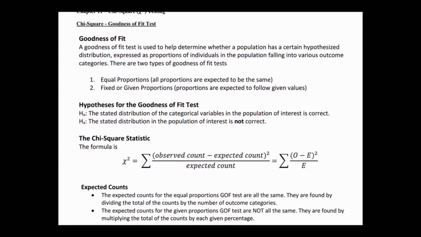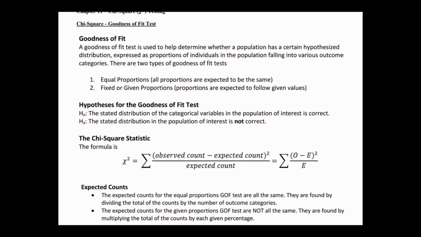The hypotheses for goodness of fit tests will always be, the null will always be that the stated distribution of the categorical variable in the population of interest is correct. Not word for word, but essentially that whatever the claim was is correct.